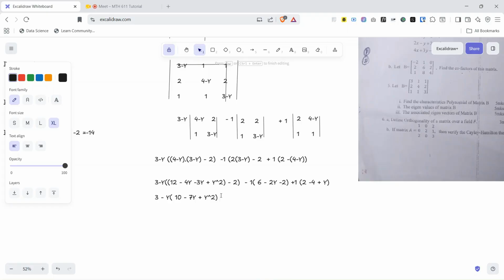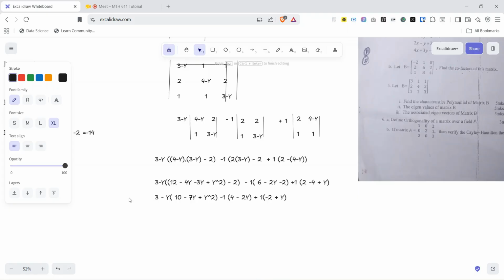So minus 1 into 6 minus 2 is 4, 4 minus 2 lambda, then plus 1 into minus 2 plus lambda.